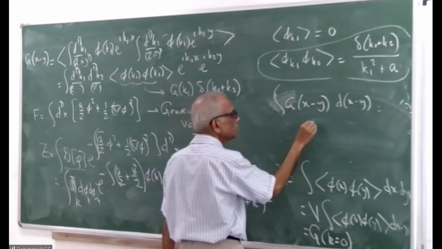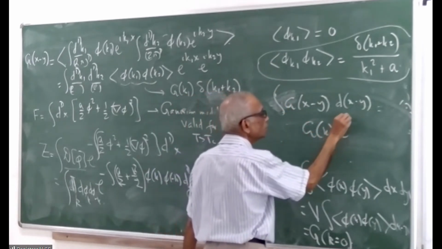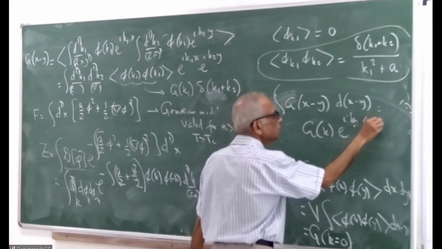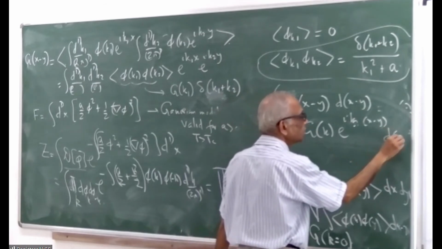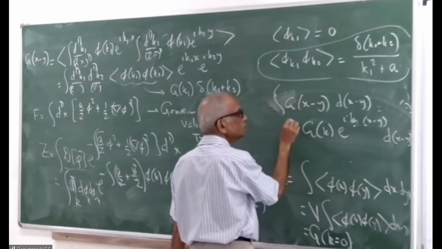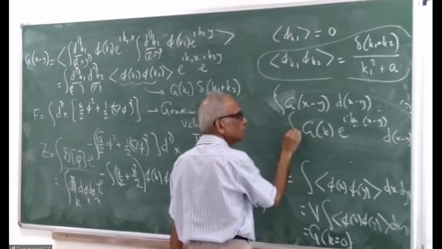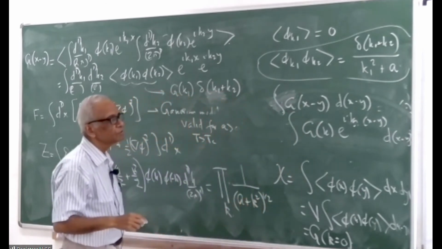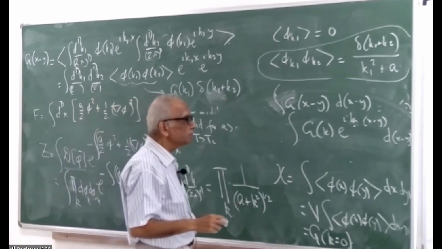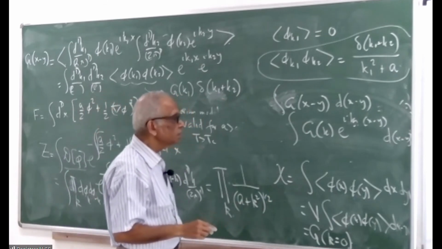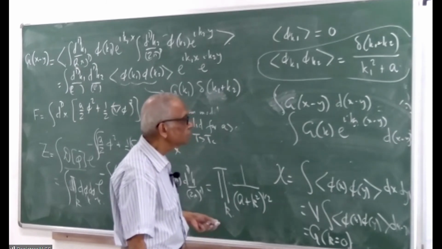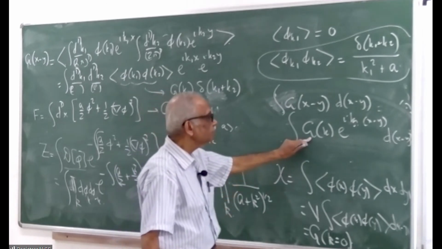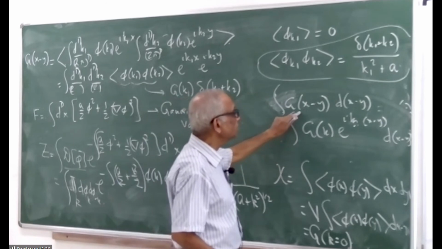This integral is g of k e to the power i k dot (x minus y), integrated over x minus y. That's the Fourier transform.